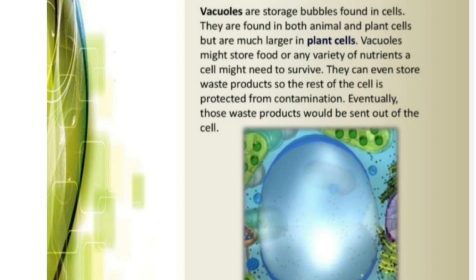Vacuoles might store food or any variety of nutrients a cell might need to survive. They can even store the waste product so the rest of the cell is protected from contamination. Eventually, those waste products will be sent out of the cell.